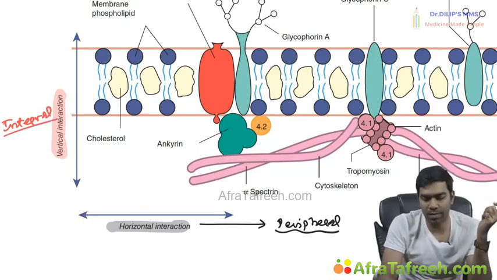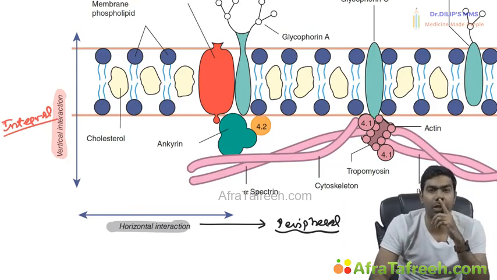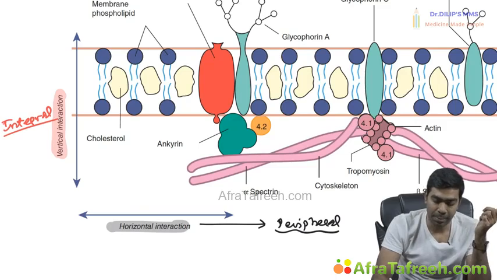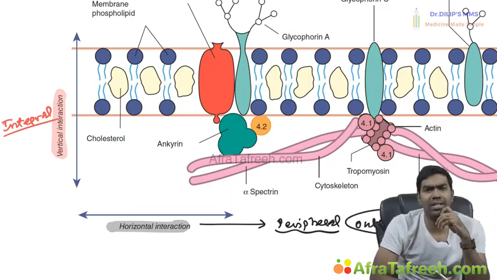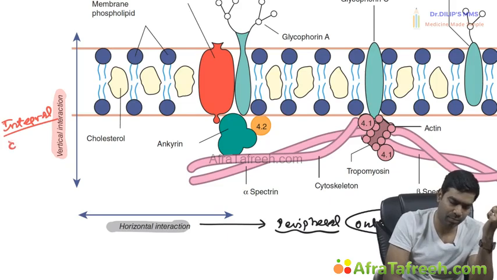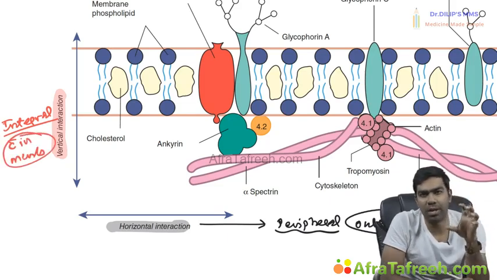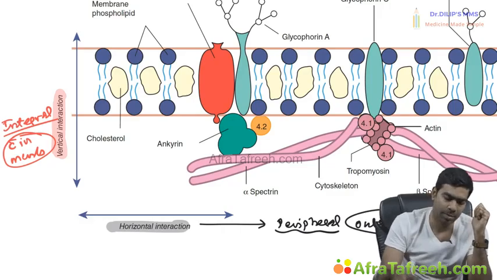If you ask me what peripheral proteins and integral proteins are, it is very simple physiology. It's the first chapter in many physiology textbooks. Peripheral proteins are present outside the cell membrane, which means not embedded within the membrane. Integral proteins are located within the membrane, which means they are embedded within the cell membrane. That is why we call them integral proteins.